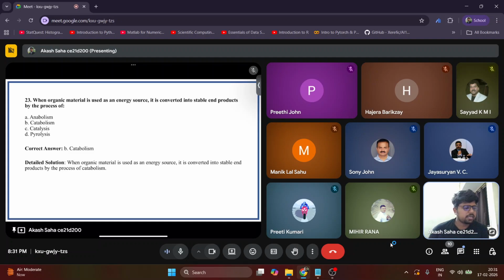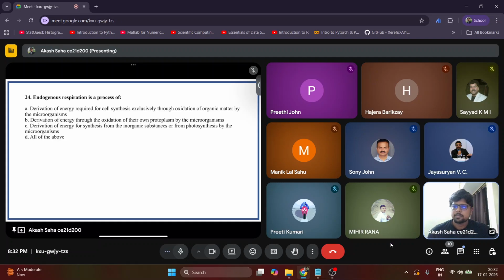Next question, endogenous respiration of a process is a process of derivation. I think the answer is already shown here. Endogenous respiration, which we discussed during the growth rate of the bacteria, is basically deriving energy through oxidation of the own protoplasm of microorganisms.